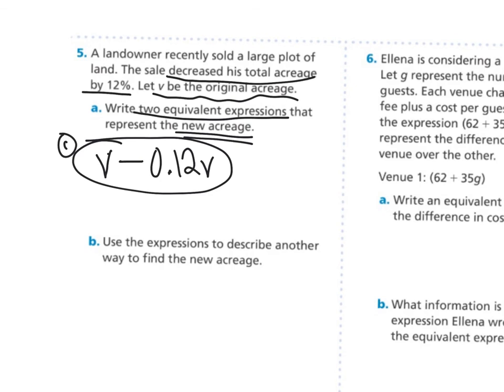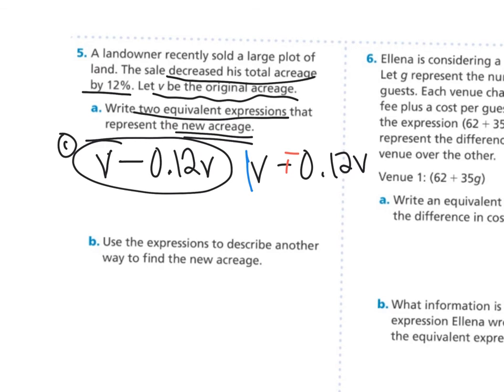And then answer number 2, turn that to negative. Since we're subtracting, here we can add the opposite. In front of our V, we can put a 1. And then these are different signs, which means we're subtracting.